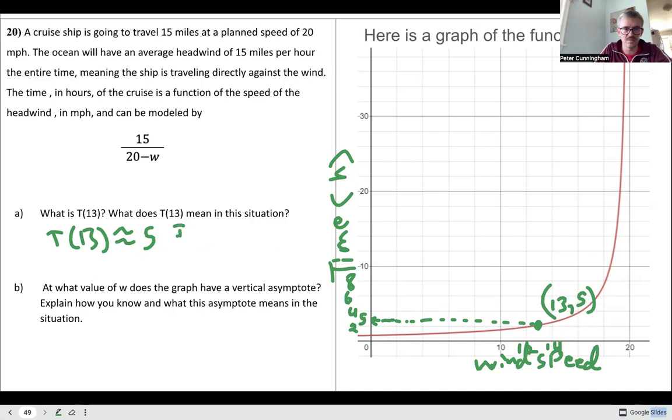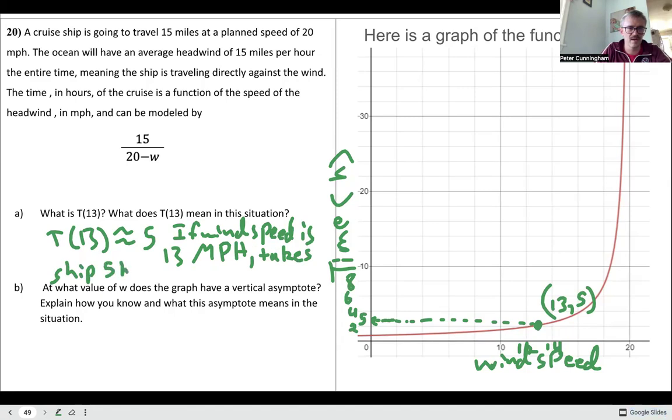That means if wind speed is 13 miles per hour, it takes the ship 5 hours to travel 15 miles.